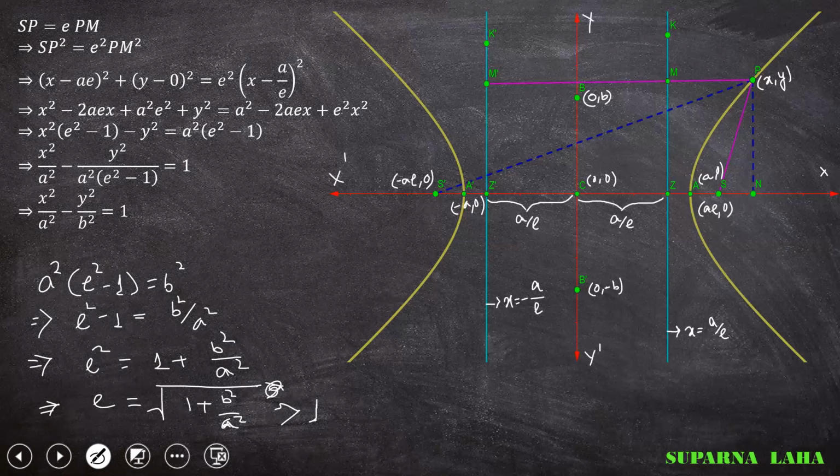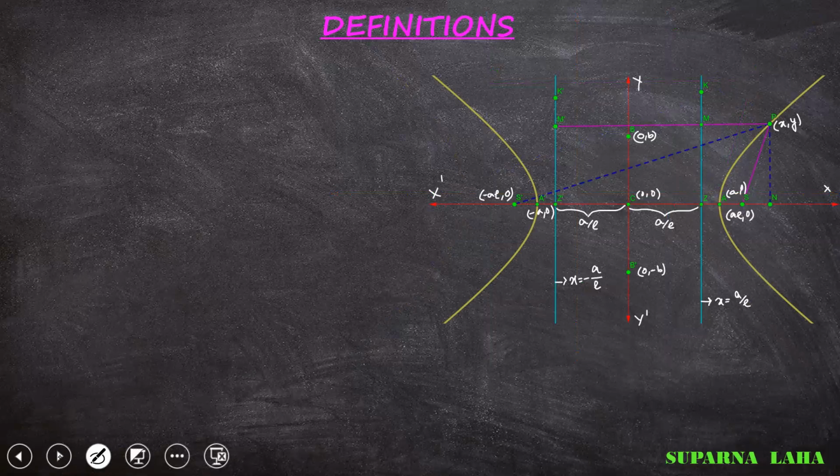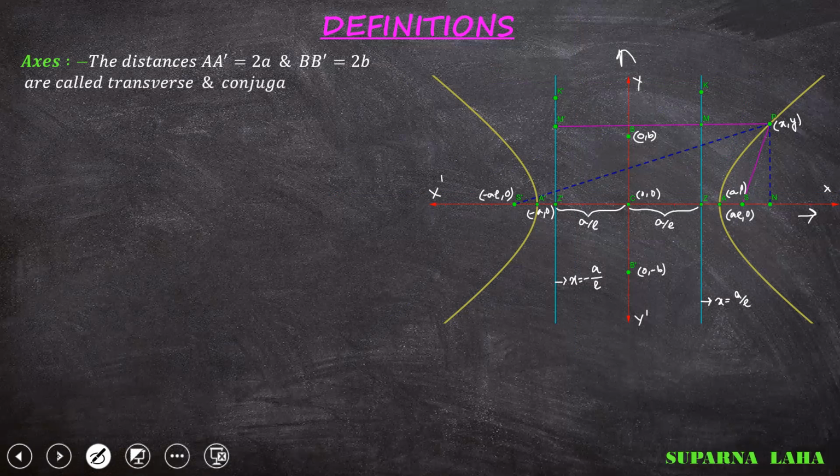Okay. Now let us go through the definitions first. So here is the figure of the hyperbola. This is the x-axis and this is the y-axis. So let us talk about the axes of this hyperbola, that is the conjugate axis and the transverse axis. So A A dash is called the transverse axis.